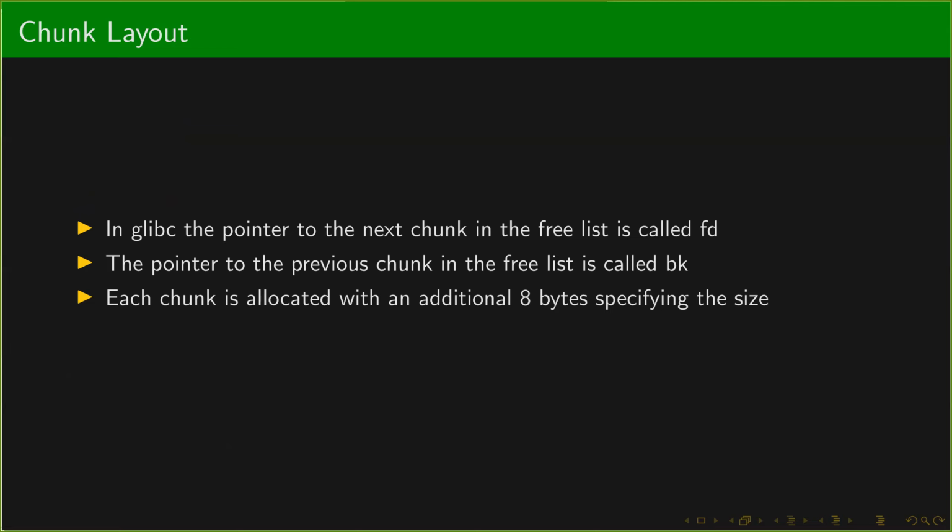And the backward pointer, if there is one, is called BK for backward. There's also the fact that every chunk is allocated with an additional 8 bytes preceding it, specifying the size.